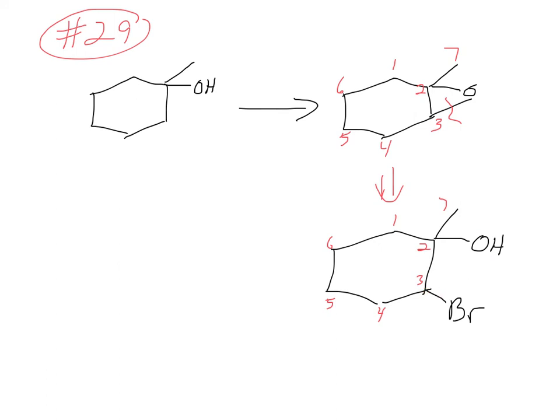Now if I want to add a bromine and an OH, where would that come from? What starting material would that come from? You guys should have seen that before. What kind of starting material to add a bromine and an OH? Br2 and water is the reagent, but what starting material does it come from? An alkene. Where does the double bond need to be? Between 2 and 3.